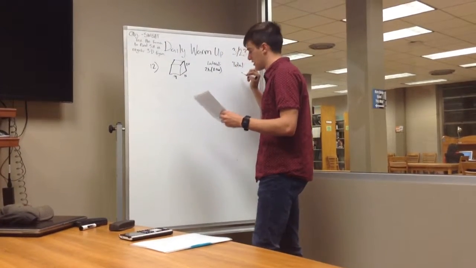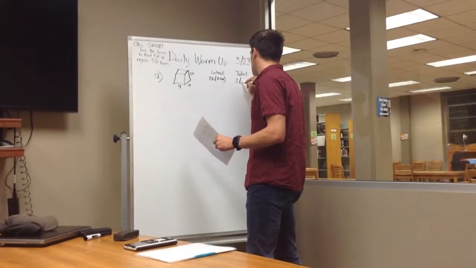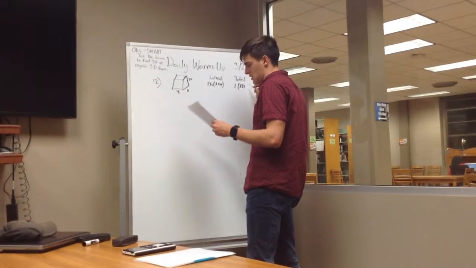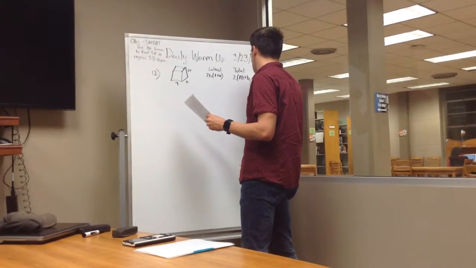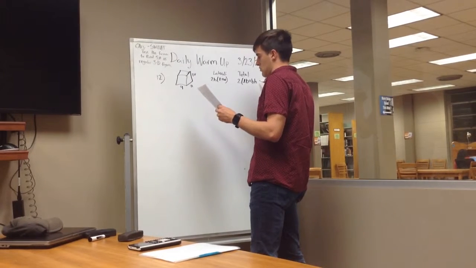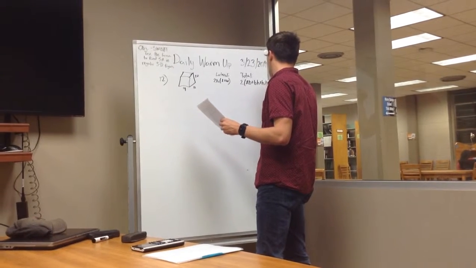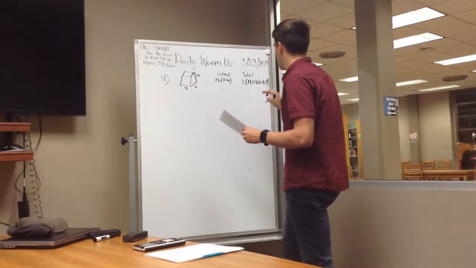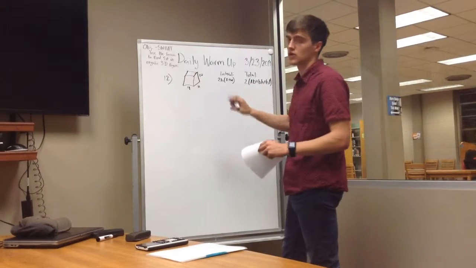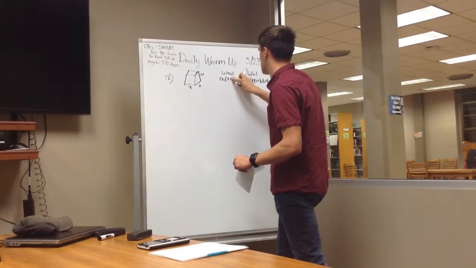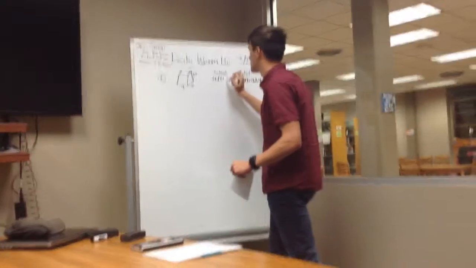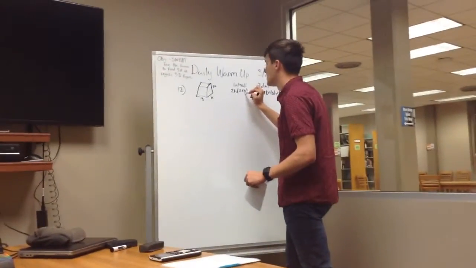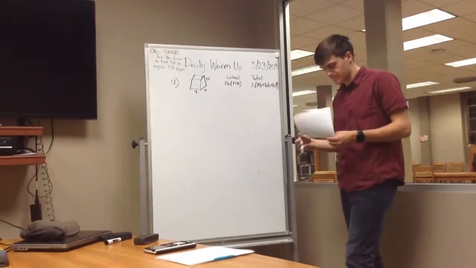And then for total it's 2 times (length times base plus base times height plus height times length). Oh, and one thing I should also note is W is also interchangeable with B, and B is also interchangeable with W.